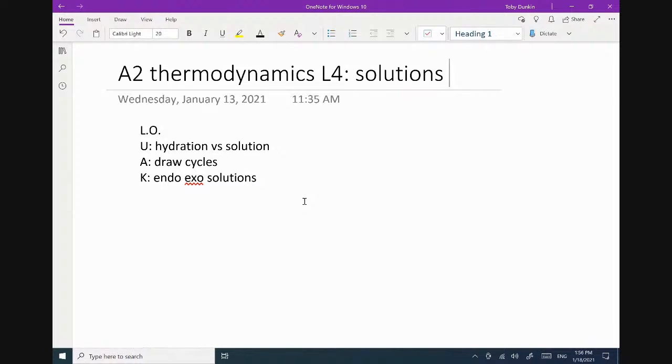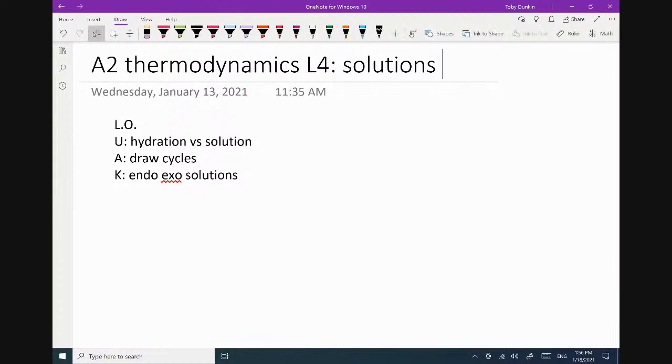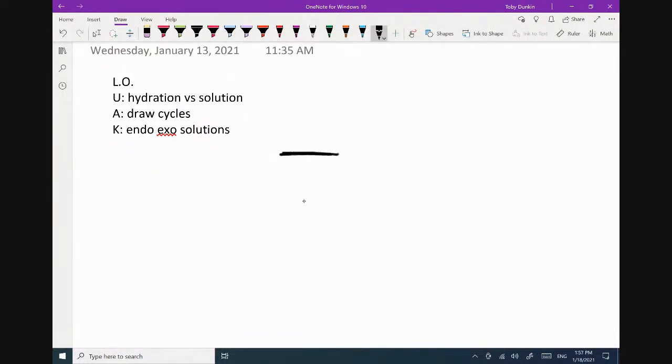There we go. Right. Okay, first of all, let's do some definitions and equations. So let's talk about solution first. Delta H solve.